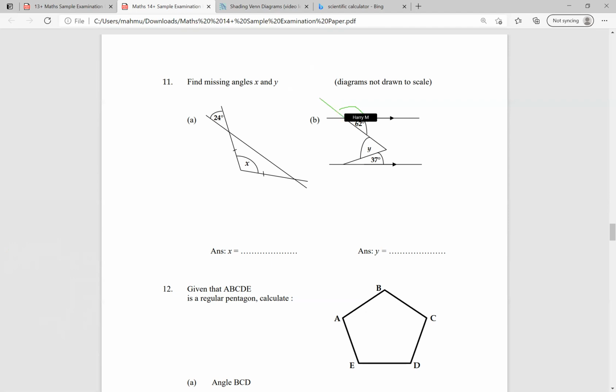So that's 180. The line makes 180. Yep. This is 118. So that side is 118. So how will you find this side?